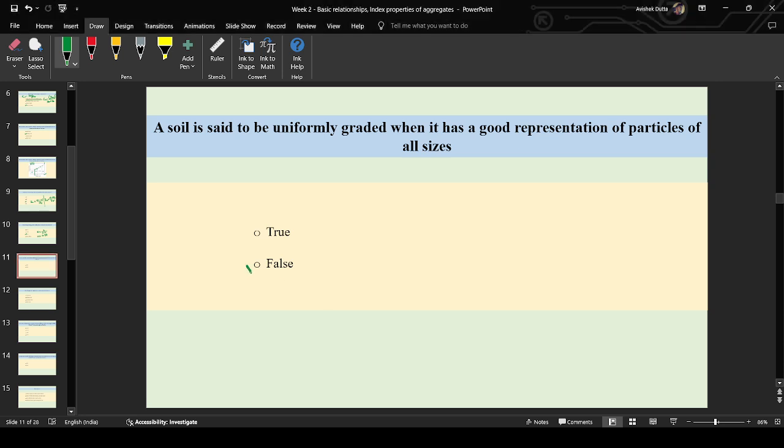When the soil has a good representation of particles, it is well graded soil. Uniformly graded means it has more particles of one particular size, so the interlocking is not proper.